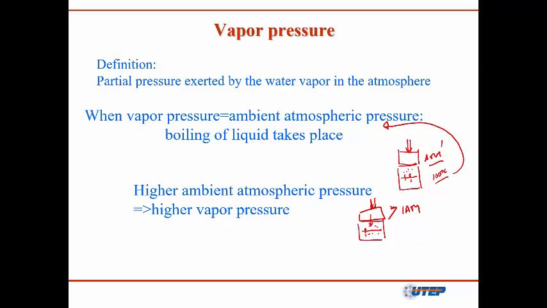So you're not letting the water vaporize at 1 atmosphere. The water will vaporize at a temperature larger than 100 degrees Celsius, because the vapor pressure has to be equal to the pressure in the pressure cooker. That's why you can reach higher temperatures.